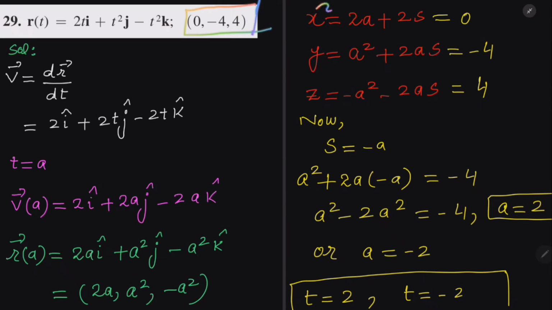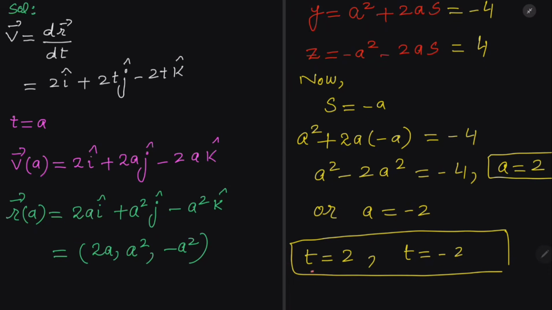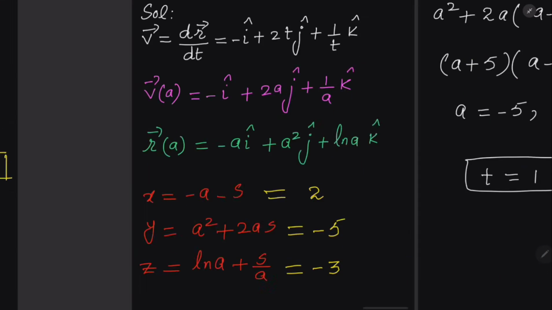Since x, y, z is the point, and these are written in terms of s, we can put this equal to the point and we get s, and from this s we have t is equal to 2 and t is equal to minus 2 after solving it simultaneously.